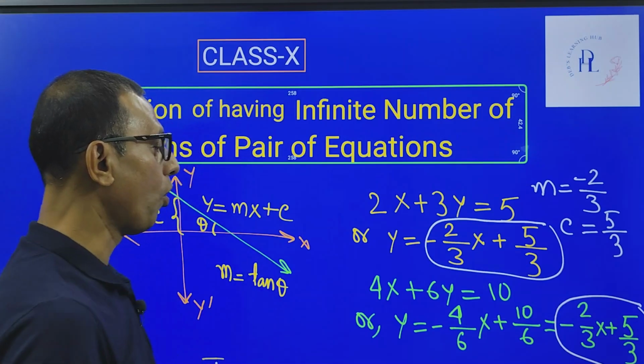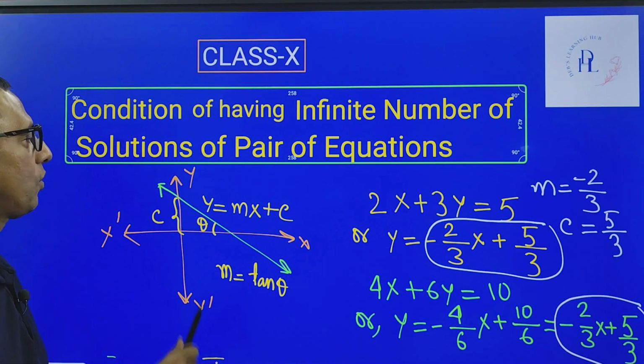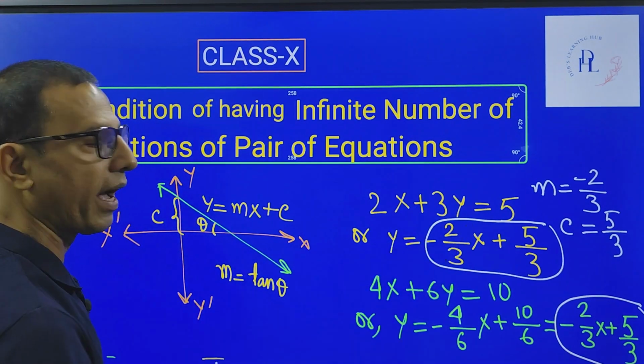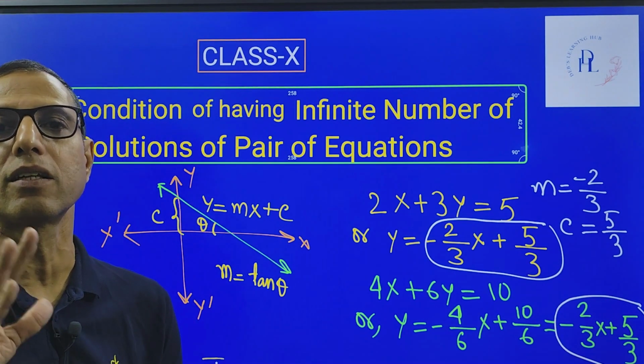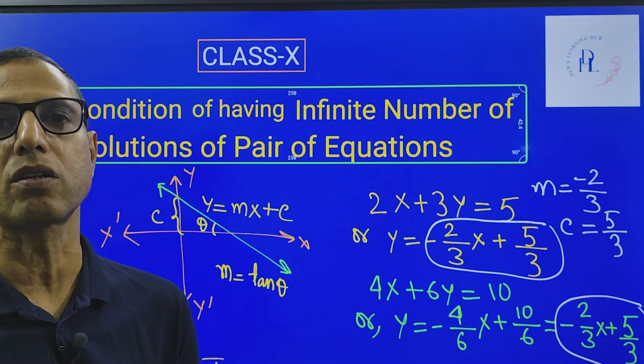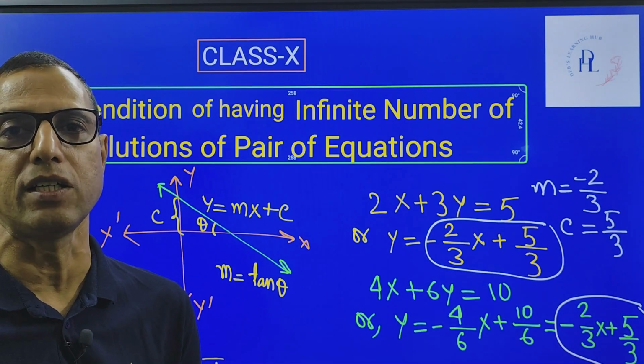That means both m and c is equal. That means both the lines are actually same line, or we can say they coincide. Both the lines do coincide with each other.